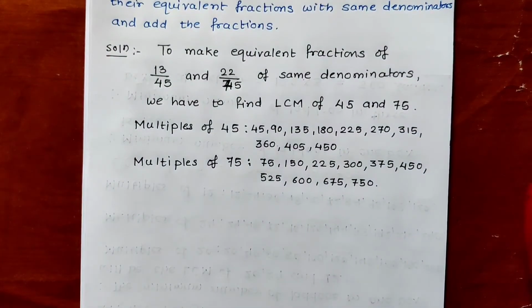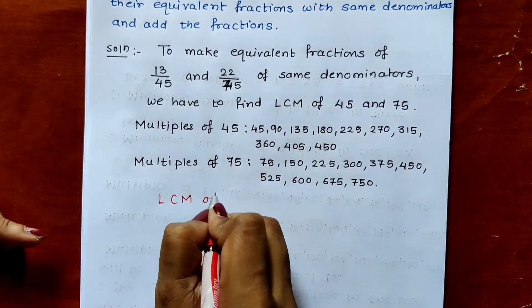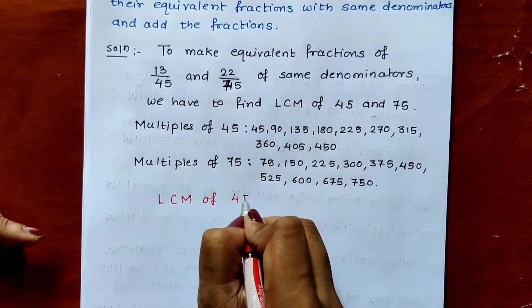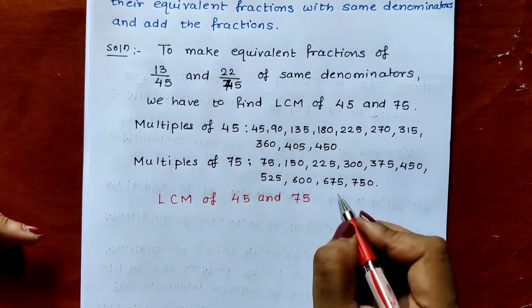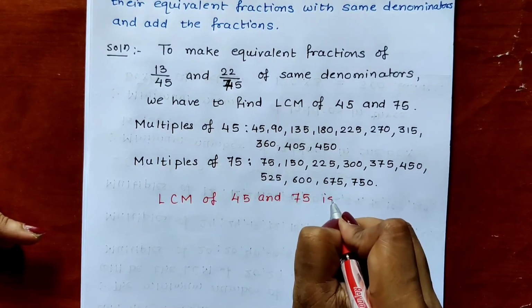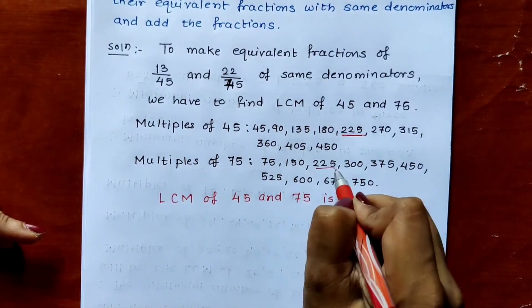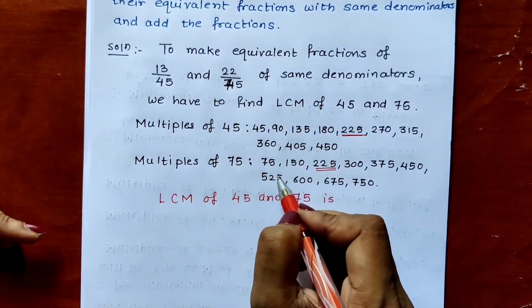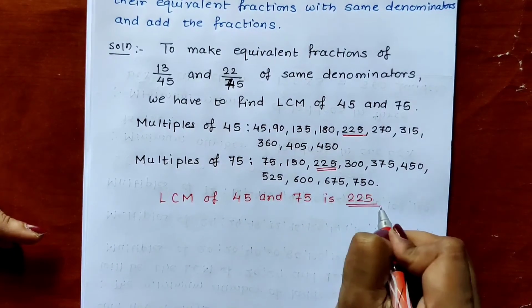So what is the LCM? The LCM of 45 and 75 is, yes, the least common multiple. Which one can we see? 225. Before 225 we cannot see any common multiple, so the LCM is 225.